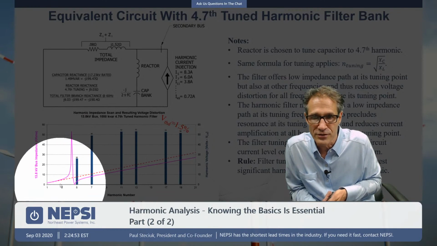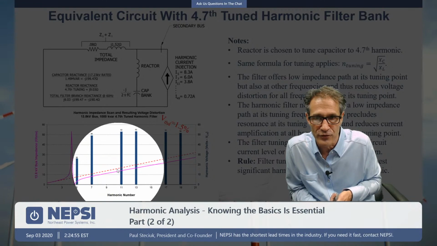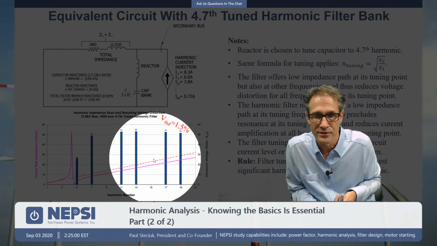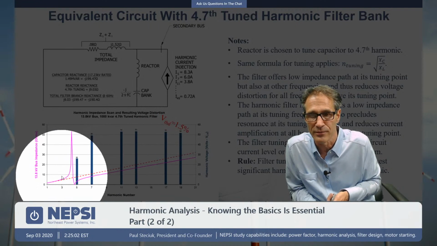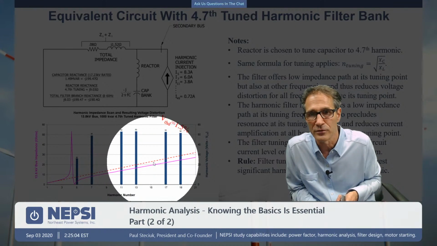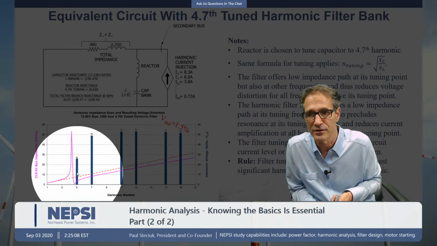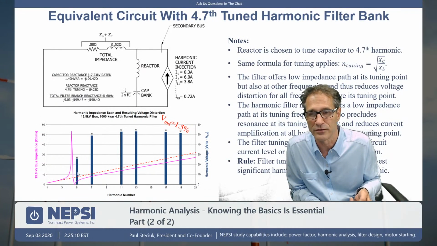In fact, it is lower than our first transformer line that we drew, that dashed line. That's a good reference line if you think about it. This is the optimal, basically the lowest voltage distortion I would get if I had no resonant condition. I installed a capacitor, I got resonance, we showed that, which resulted in a very significant increase in the impedance.